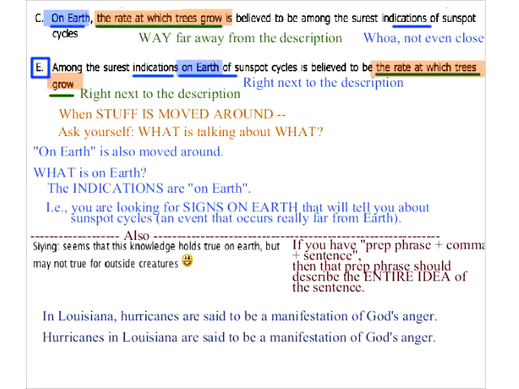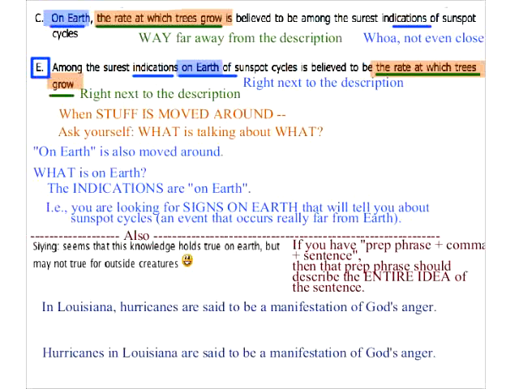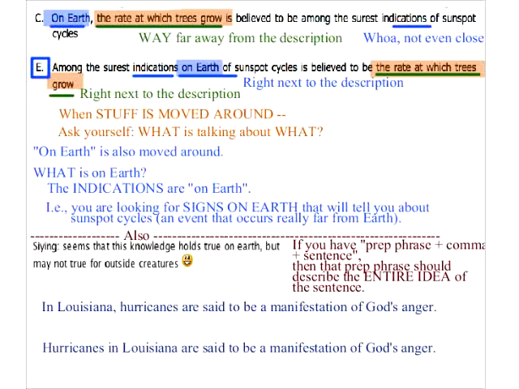Okay, these don't mean the same thing. In the second sentence, what's in Louisiana? Just the hurricanes, right? So in the second sentence, this means weirdly enough that if a hurricane is in the state of Louisiana, then people think God is angry, but if the hurricane is in Mississippi or Alabama, then God is just fine.